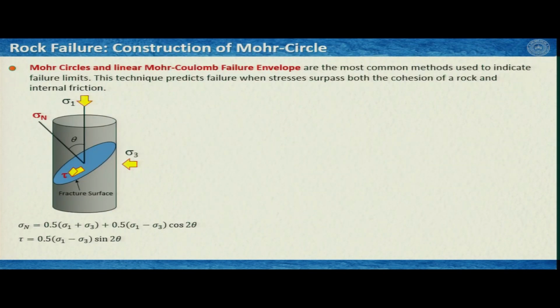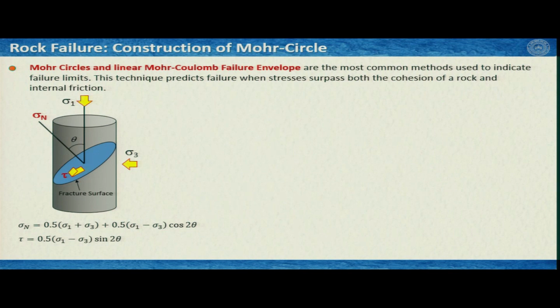Now, the study of rock failure is generally done with the Mohr circle. The Mohr circle and a linear Mohr-Coulomb failure envelope generally are plotted together, and are the most common methods used to indicate failure limits.